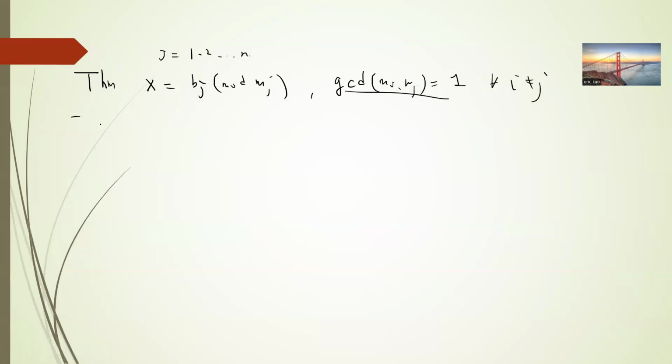Then there is a solution. Not unique, there is a solution x that exists, and it can be written as b1 N1 plus b2 N2, up to bn Nn, modulo the product of the m's.